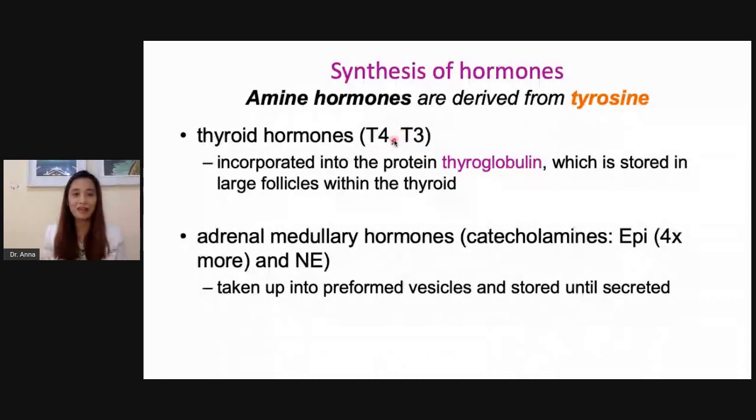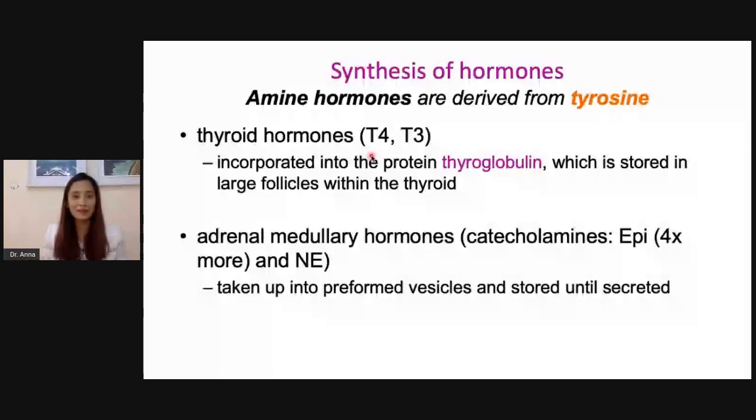And your T4 and T3 are incorporated into the protein thyroglobulin, which is then stored in large follicles within your thyroid gland. So your thyroid hormones can be stored in your thyroid gland and can be released depending on the stimulation of your thyroid gland.